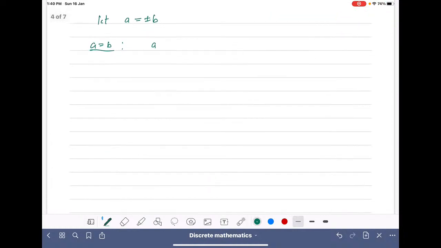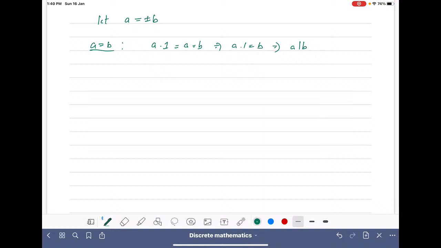Then a into 1 is equal to a, which is equal to b. So a into 1 equal to b we have. And this says a divides b.